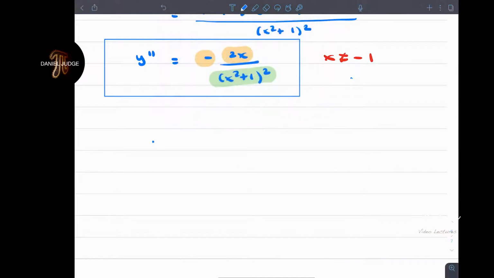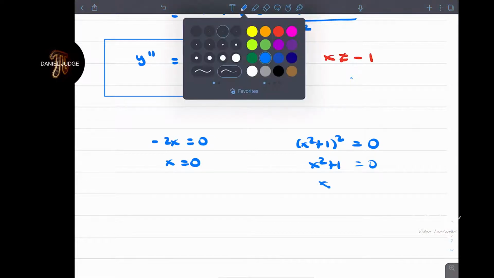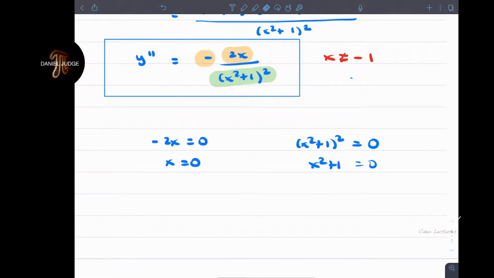So you got negative 2x equal to 0, which merely means x is 0. It's not a critical value. x squared plus 1 squared is 0, again, implies x squared plus 1 is 0, and that never happens. So this does not add to the sign analysis. Never happens.